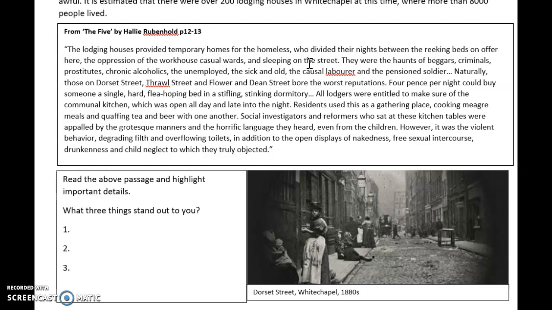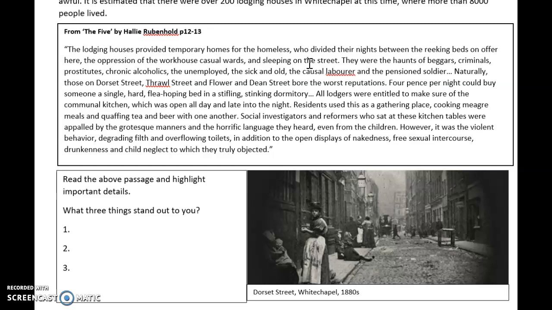Social investigators and reformers who sat at these kitchen tables were appalled by the grotesque manners and the horrific language they heard, even from the children. However, it was the violent behaviour, degrading filth and overflowing toilets, in addition to the open displays of nakedness, free sexual intercourse, drunkenness and child neglect, to which they truly objected."